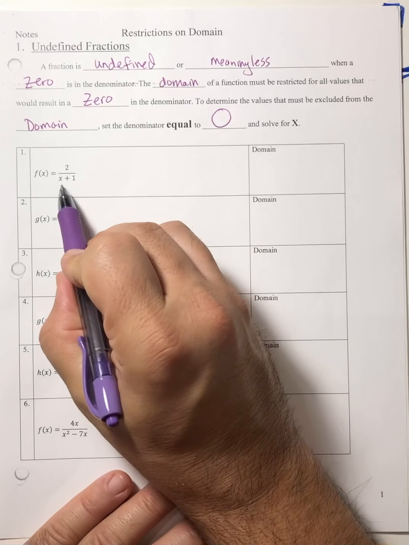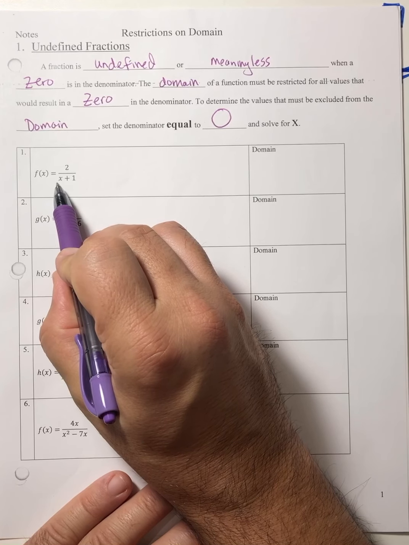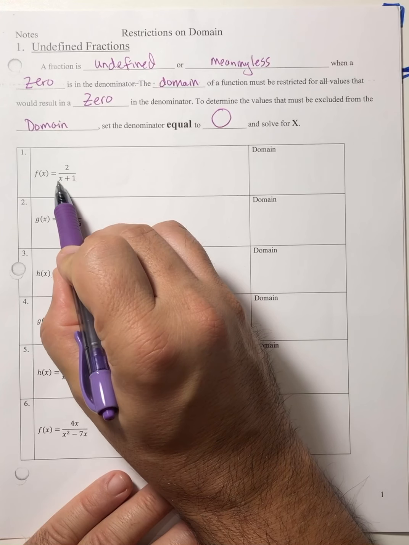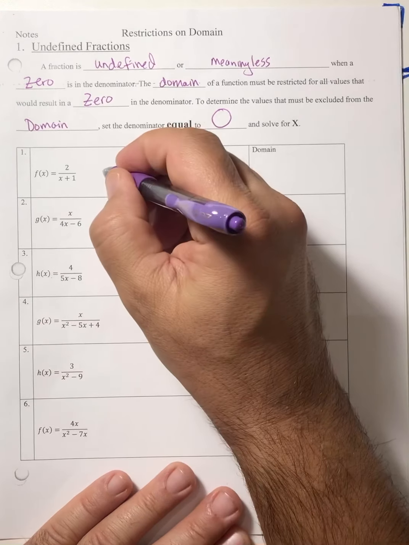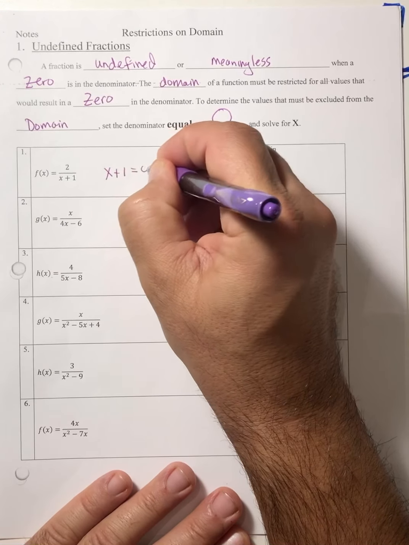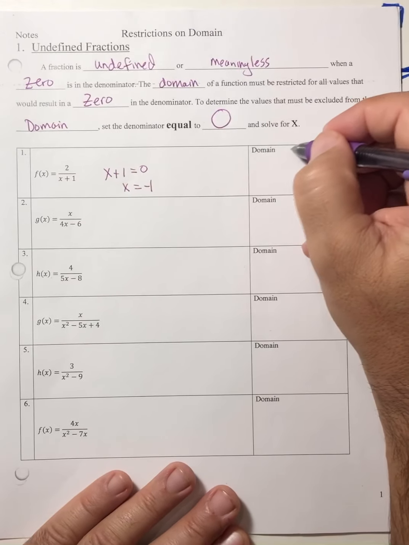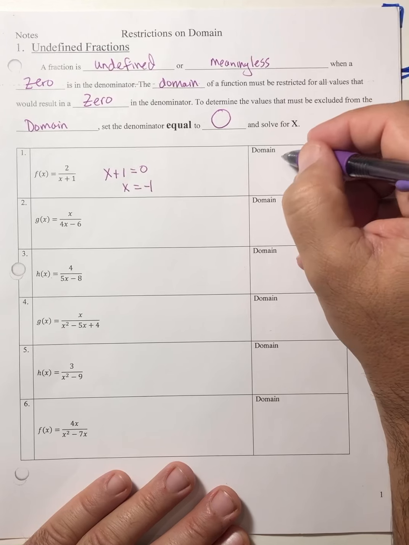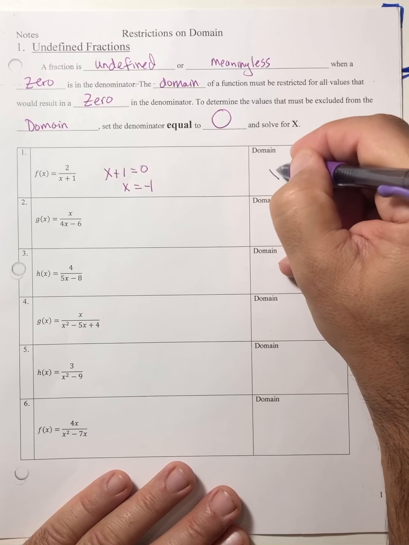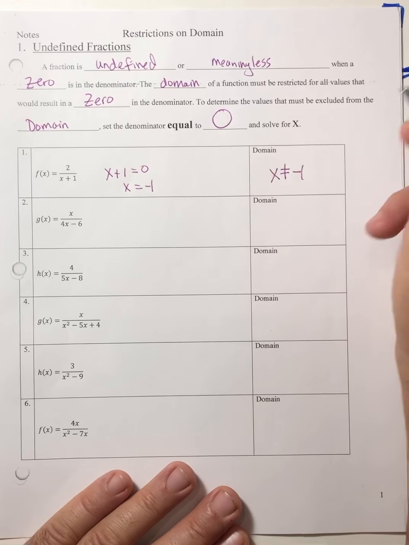So I literally look right here. What makes the denominator equal to 0? x plus 1 equals 0, so x equals -1. So the domain then, we would just say x does not equal -1.